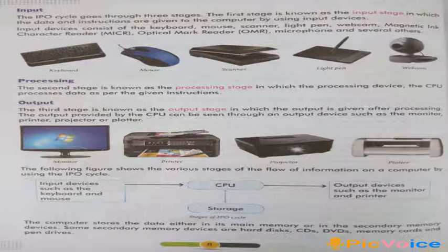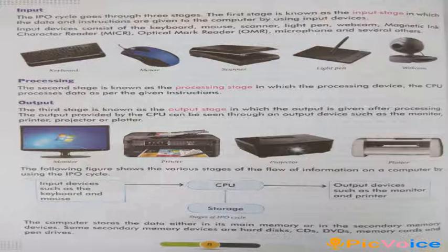The first stage is known as the input stage, in which the data and instructions are given to the computer by using input devices. Input devices consist of the keyboard, mouse, scanner, light pen, webcam, magnetic ink character reader or MICR, optical mark reader or OMR, microphone and several others. Processing.